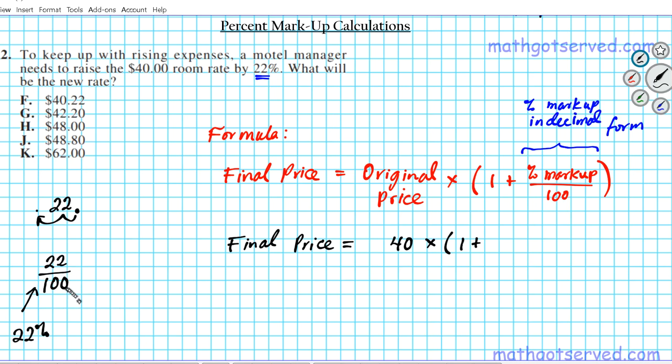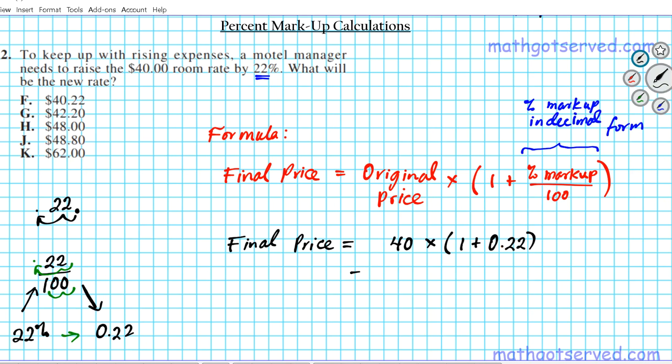If you convert 22 over 100 into decimal form, it's 0.22, because you move the decimal point on the top and bottom an equivalent number of times until you have 1 in the denominator. With 2 zeros in the denominator, you get 0.22 over 1, which is 0.22. So all these three numbers are exactly the same thing. Percent markup over 100, or the percent markup in decimal form, is 0.22.